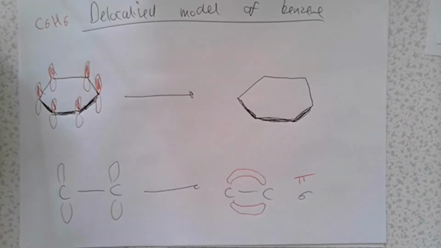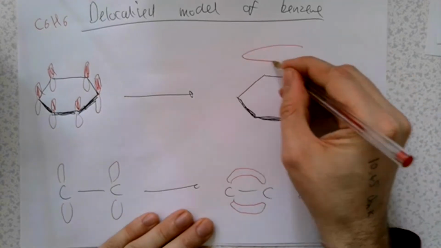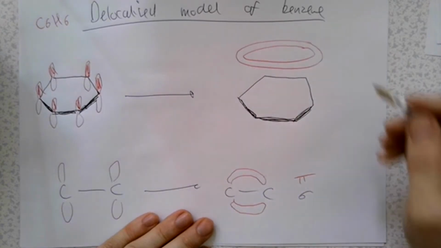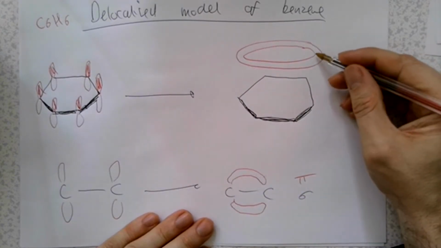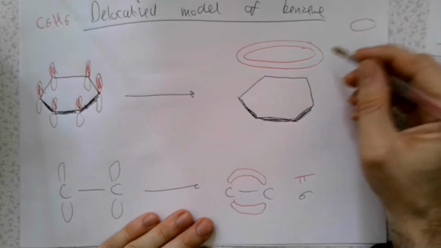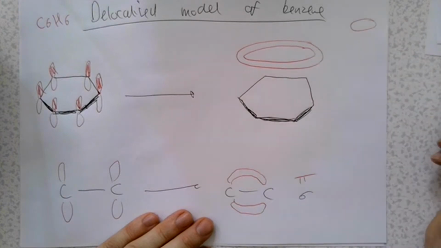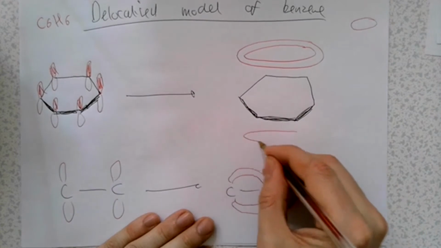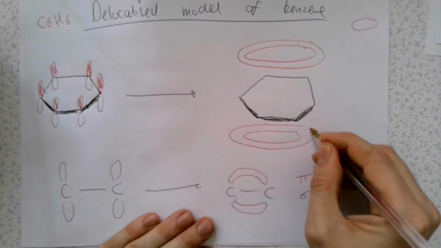All 6 of those shaded in ones, they all overlap together, just like in an alkene, and we get this ring above the plane of the carbons. And notice I've given my ring thickness. So it's not just like that, it's not a circle, it's a ring, it's like 2 circles. And then all 6 of the bottom lobes also overlap underneath the plane of the carbons.